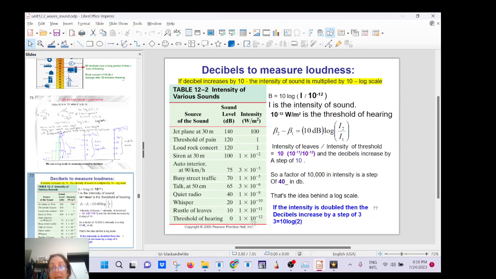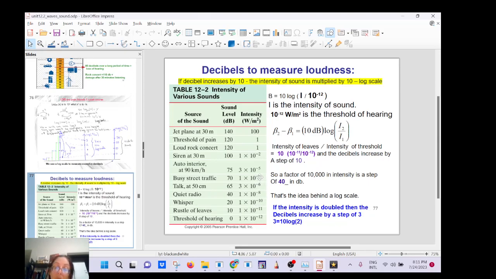Each time here the intensity is multiplied by 10, it's a tenfold. But on the decibel scale, you increase by a step of 10. So each time you increase by a step of 10, meaning you add 10, the intensity is multiplied by 10. So here you increase by a step of 20, so here you multiply by 100.